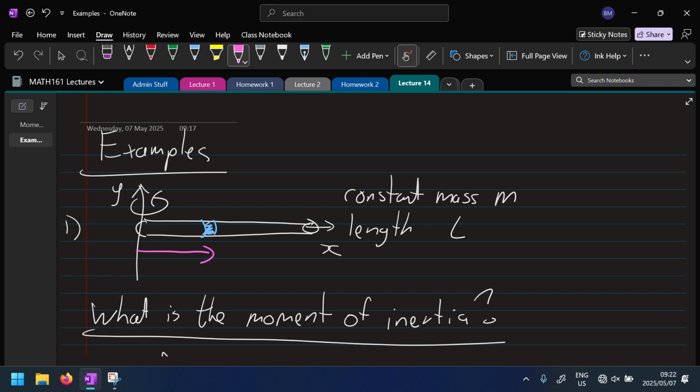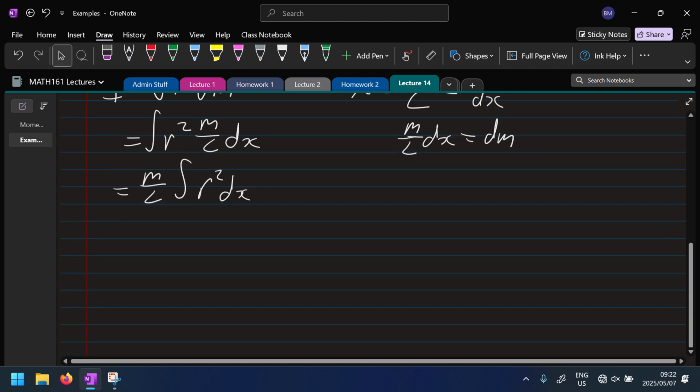Okay, like we did with the shell method and so on. So r equals x. Yeah, so we can substitute that in. That will be different if I move the axis, right? If you do the shell method around the y-axis or the shell method around x equals 1, you have to change the radius. Exactly the same in this case.